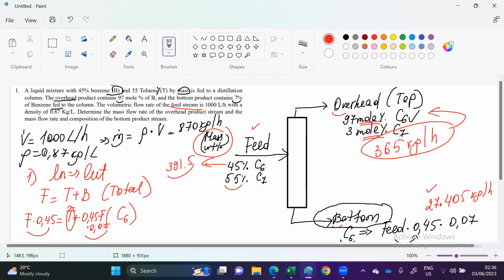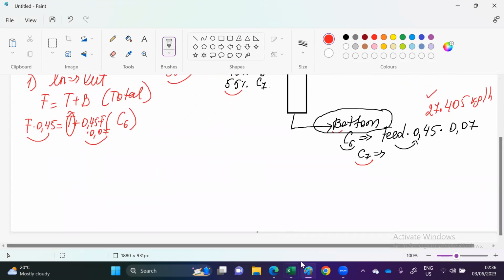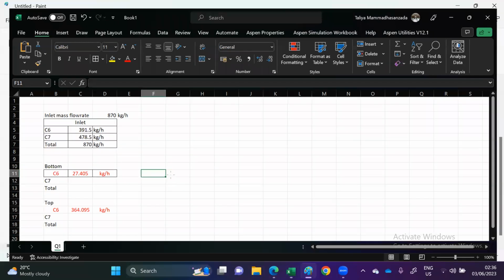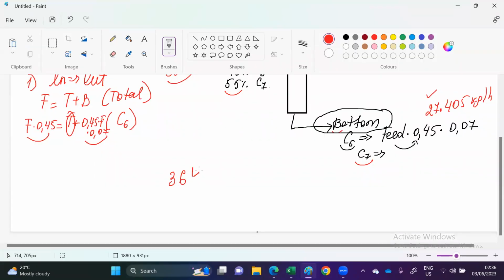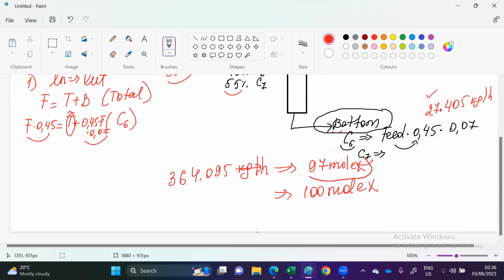So we need to find the whole content, like 100 mole percent. 97 mole percent stands for this mass flow rate, so I need to find the full total flow rate in the top product.